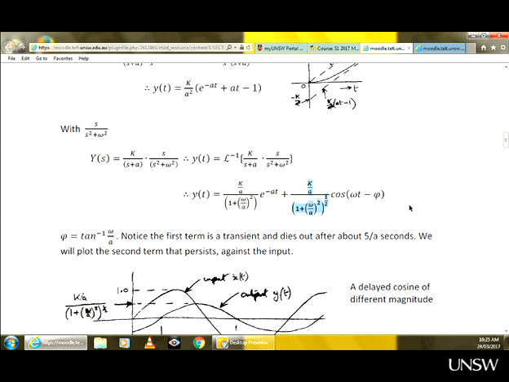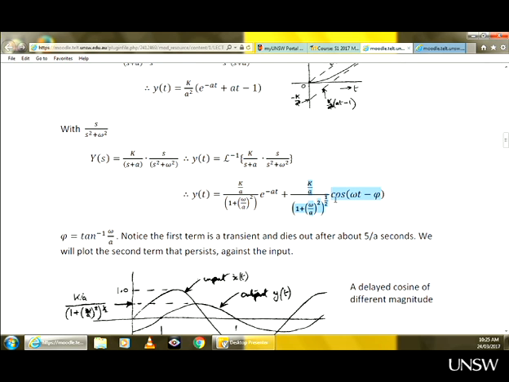What that means, once again, is that after this transient process expires and becomes irrelevant, you end up with a constant periodic motion, which is effectively what you had as the input in the first place. So you apply a cosine, you get a cosine.